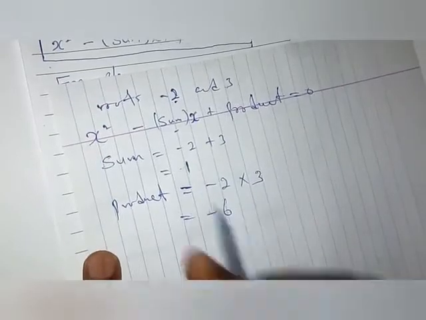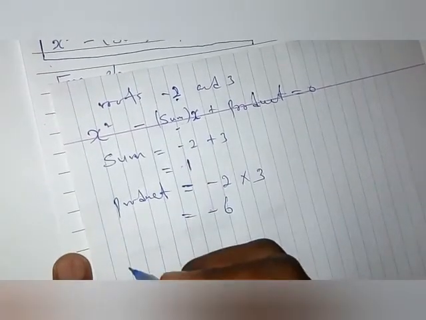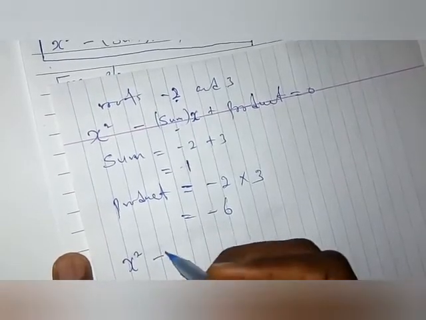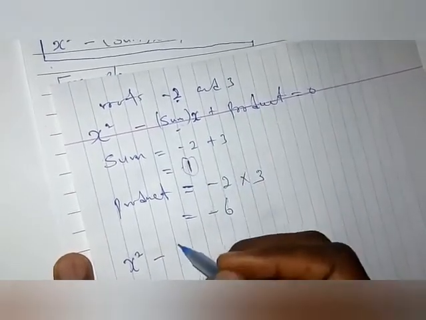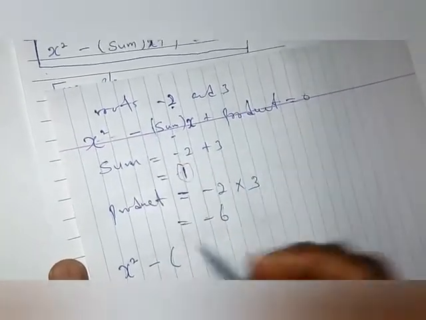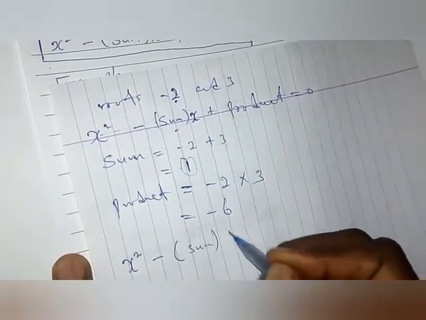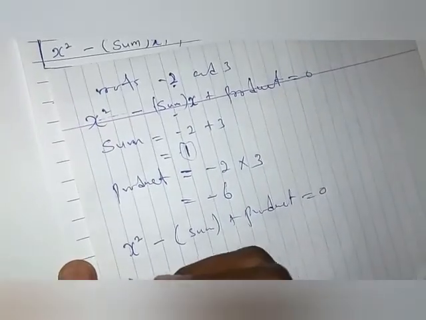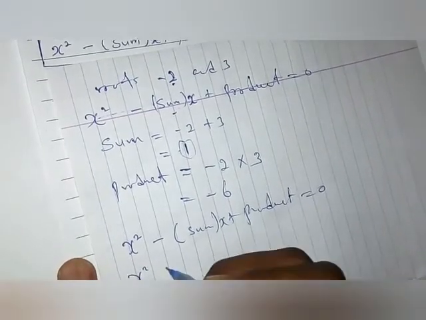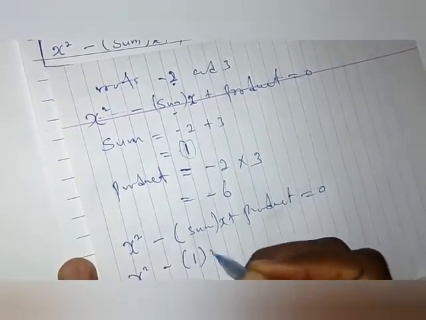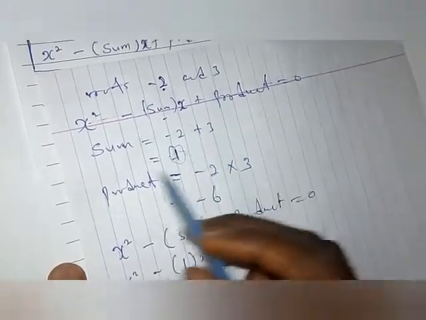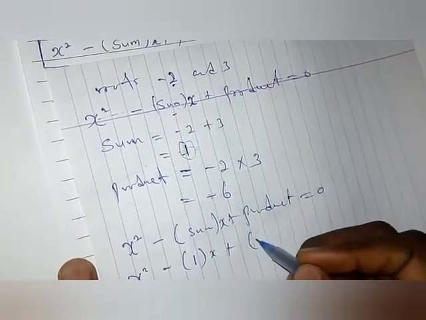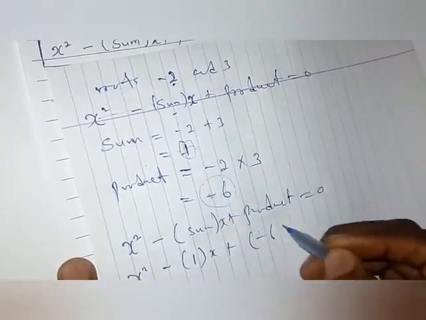So just input it in the formula. We have our quadratic equation: x squared minus the sum, plus the product, equals 0. So we have x squared minus 1, which is our sum, plus the product, which is -6, equals 0.